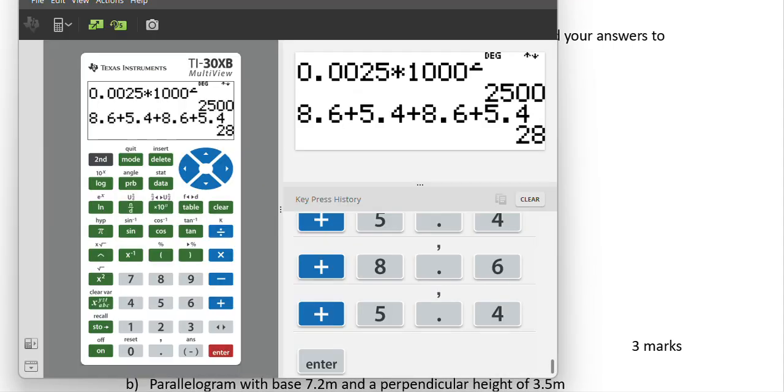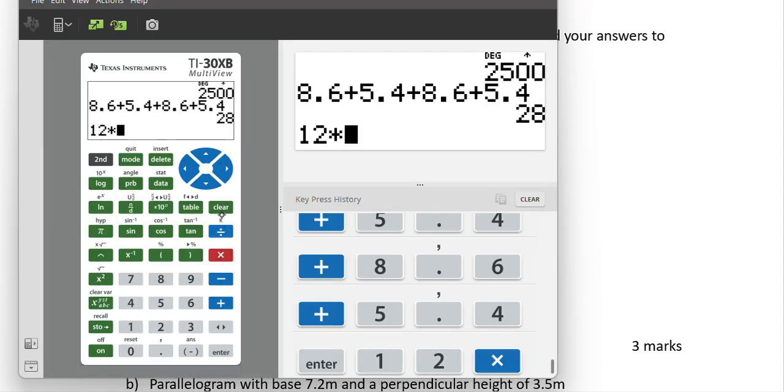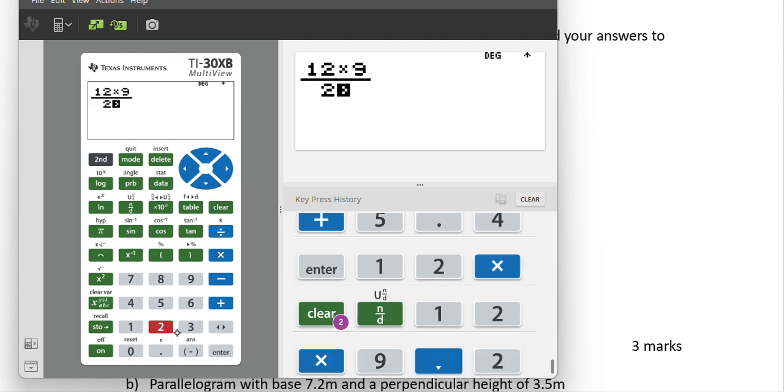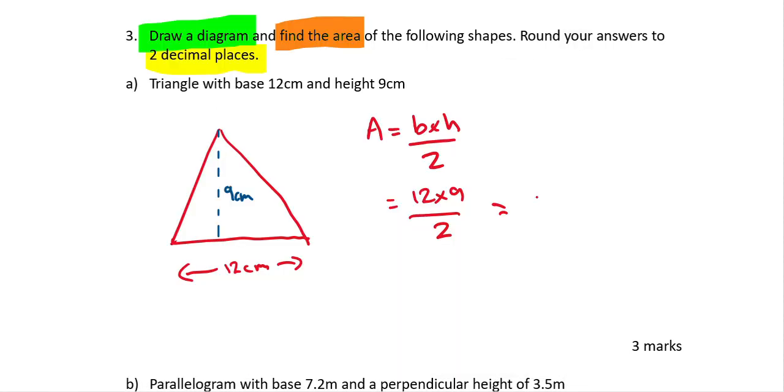And if you type this in your calculator, 54. Now, don't forget at the end, you need to put in centimeters, and then at the very end, you need to put in squared, okay? So it is 1 mark for diagram, 1 mark for the formula and substituting, and then 1 mark for the answer, just like that, okay?